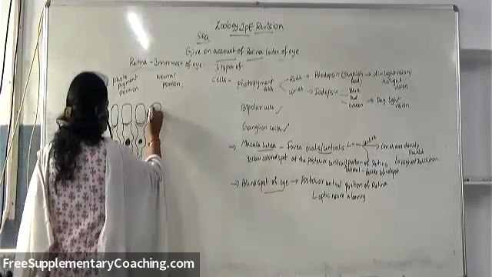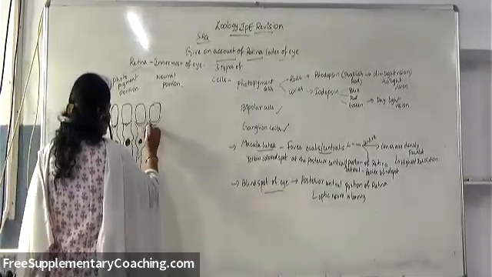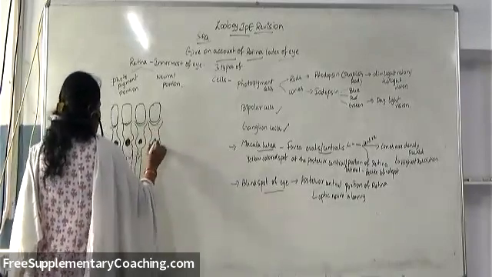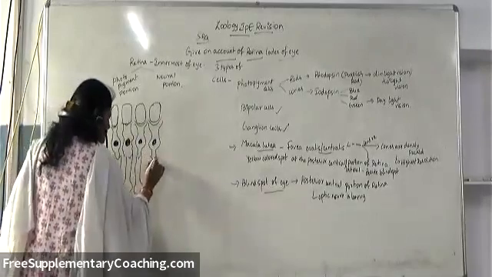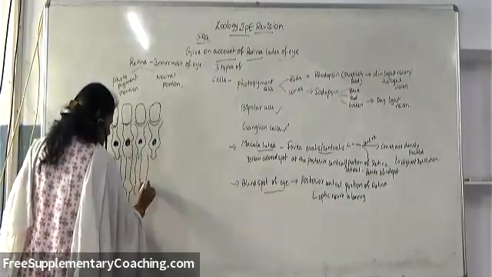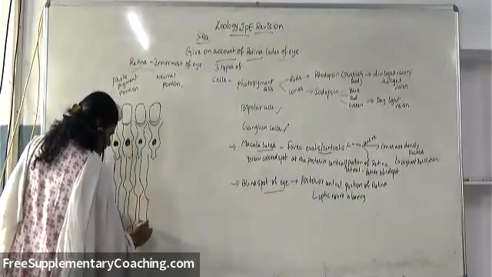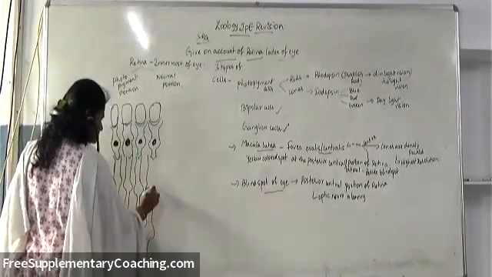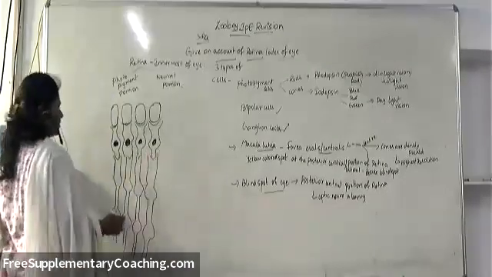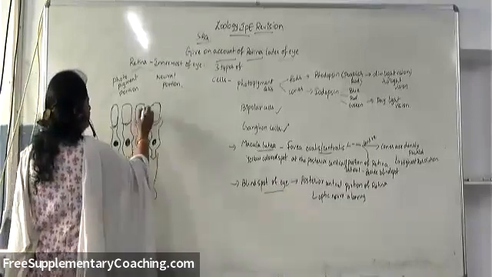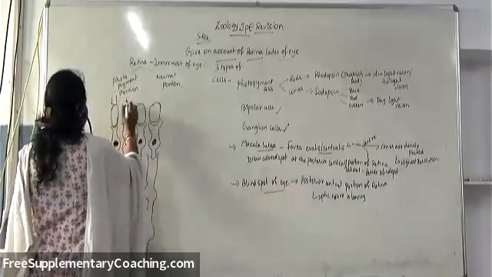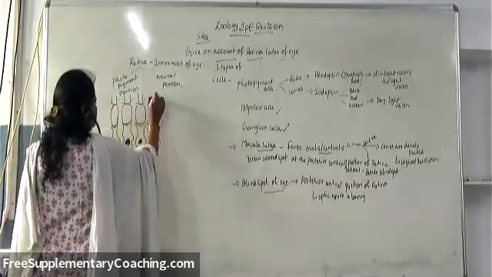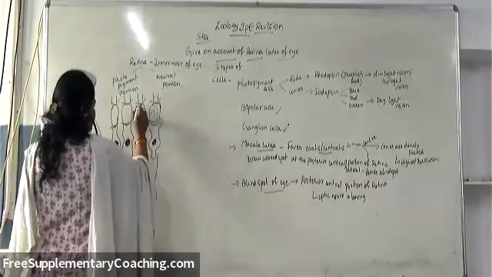So like this, you can show roughly rod cells and cone cells, and bipolar and then ganglion cells. This is the photopigment portion.